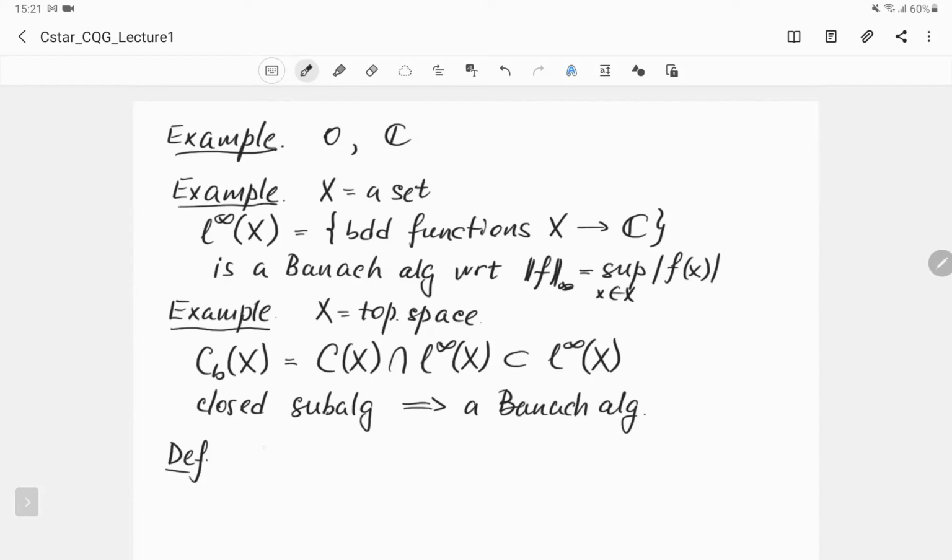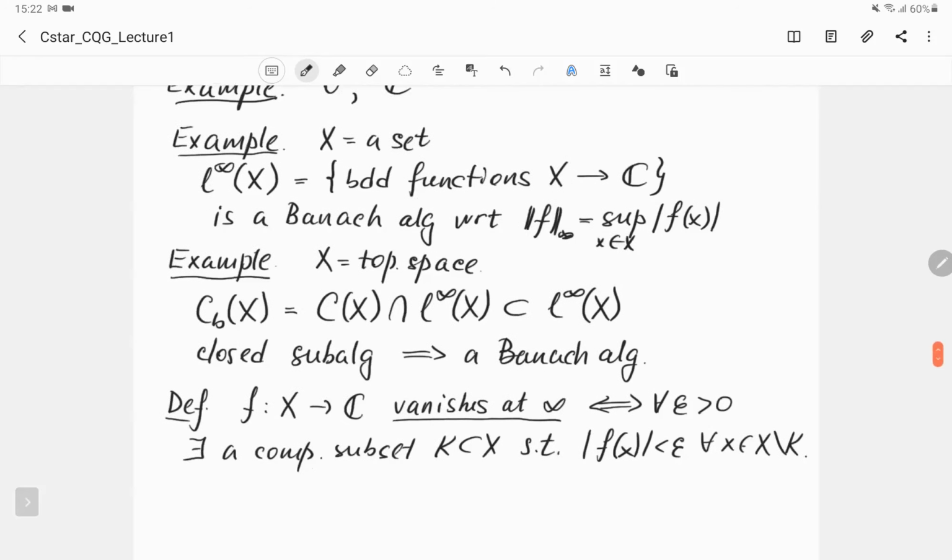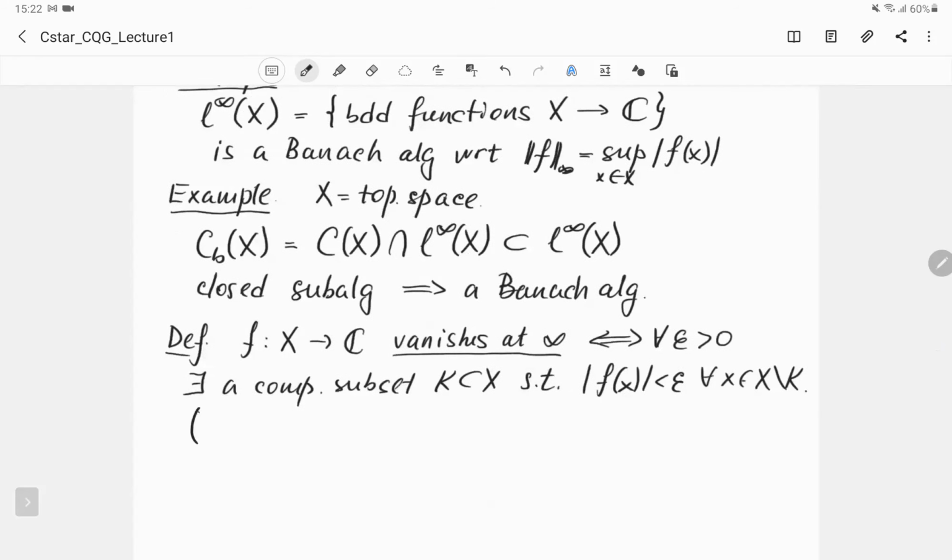If X is a topological space, then we say that a function f on X vanishes at infinity if for each positive epsilon there exists a compact subset K of X such that |f| is less than epsilon outside K. Briefly, this condition is often written in the following way, which is, of course, consistent with the traditional notation from calculus.